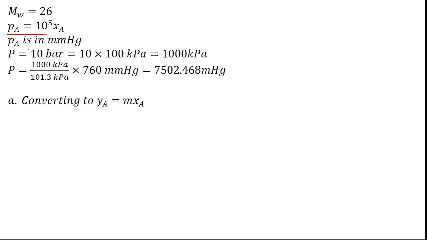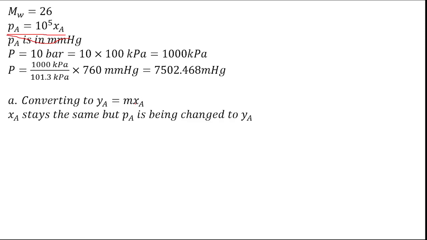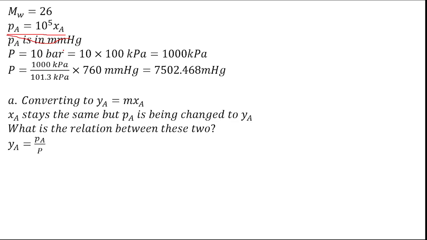So we want to convert this expression, the one up here, sorry, to Ya is equal to Mxa. So if we compare, realize that Xa is the same, but what is changing is Pa, and it's being changed to Ya. So what's the relation between Pa and Ya? We know that Ya is equal to Pa over P, the partial pressure over the total pressure.